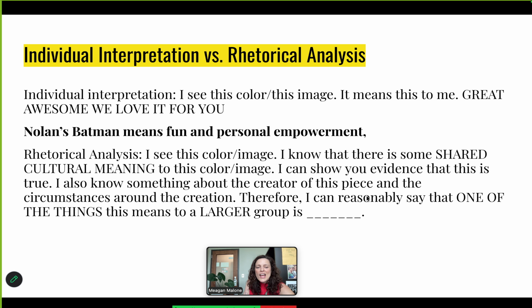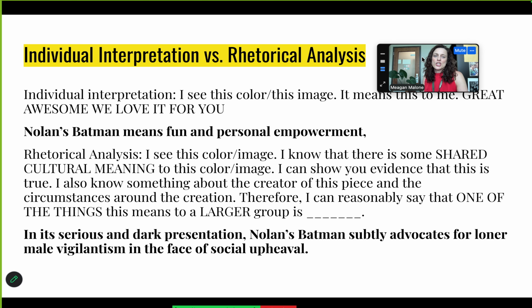And so therefore I can reasonably say that one of the interpretations for a large group, and not just for me, is that in its serious and dark presentation, Nolan's Batman subtly advocates for loner male vigilantism in the face of social upheaval.